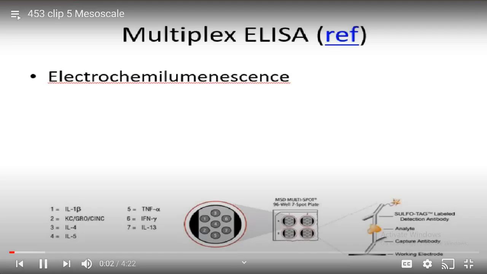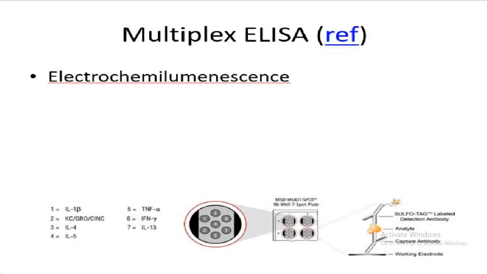Okay, so up to this point, we've dealt with single plex ELISAs where there is one analyte of interest, and there's only one reaction that takes place in the well of the ELISA plate. But increasingly, there's a move towards multiplex ELISAs. And the platform I'm going to talk about is Meso Scale Discovery, which is based on electrochemiluminescence.